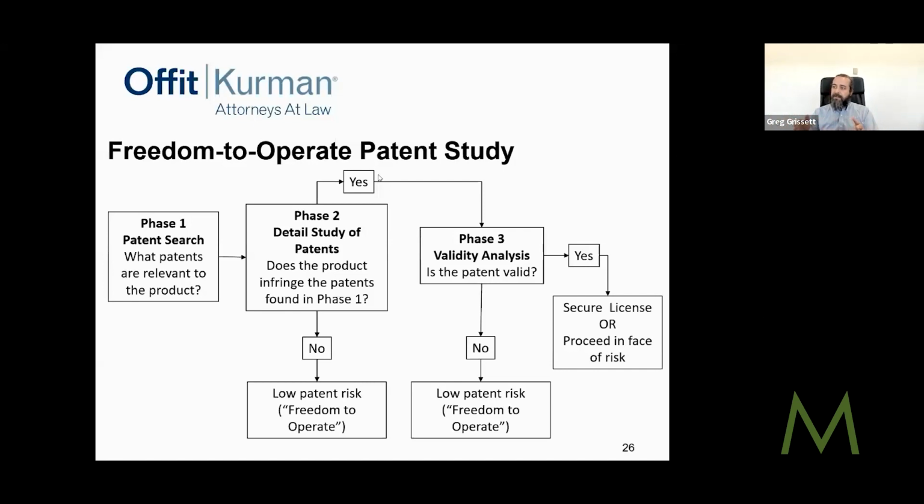So updating this search at certain intervals is a way to make sure you don't get a surprise down the road. I have a client that will do this more or less quarterly, just to see what's new that has come up in the past 4 months or so. Sometimes there's nothing, sometimes there's one or two things, but it's not necessarily an event as much as it is an ongoing process.